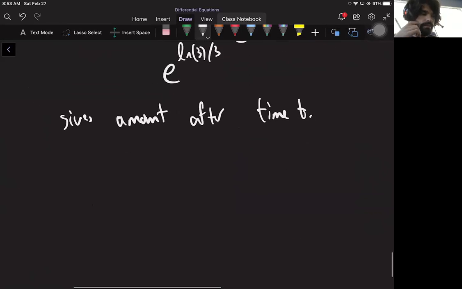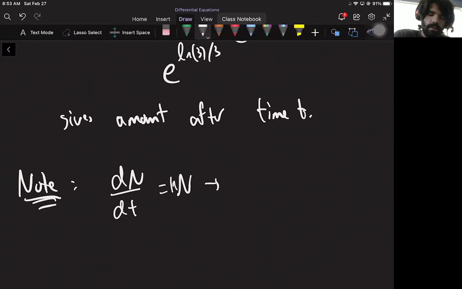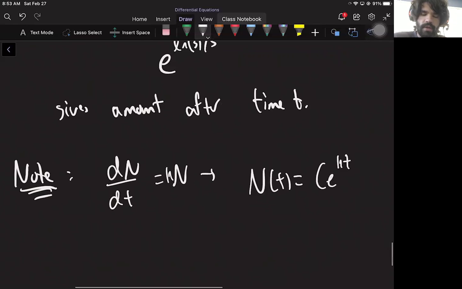Okay, so one thing you should just note real quick is that for growth and decay problems, it's always the same differential equation. So you're always going to get this thing. And it's not exactly a 2-parameter family of solutions, even though there's 2 constants. It feels like it, but it's still 1 parameter, and I'll tell you why.